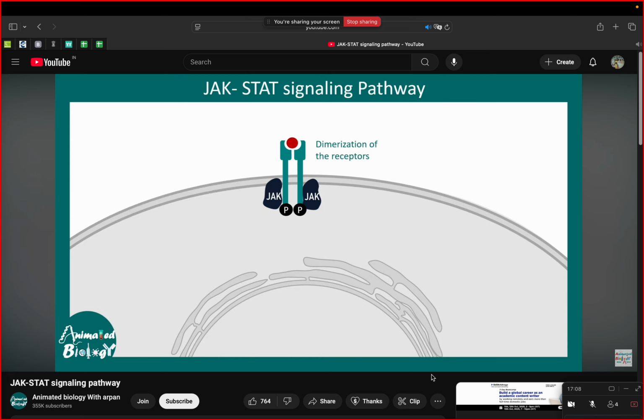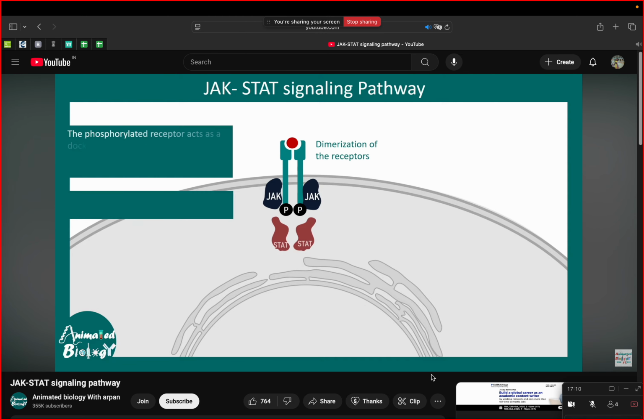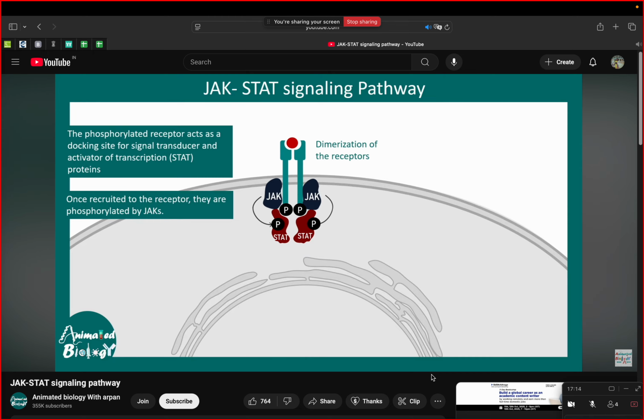Now, after phosphorylation of the receptor, specific signal transduction proteins known as STATs can bind to these phosphorylated receptors. Once STAT binds to the phosphorylated receptor, JAK can further phosphorylate these STAT molecules. STAT stands for signal transducer and activator of transcription, so more or less it's a transcription factor.